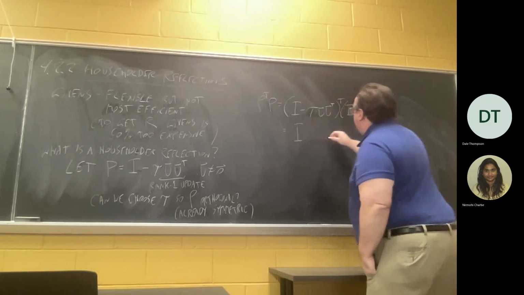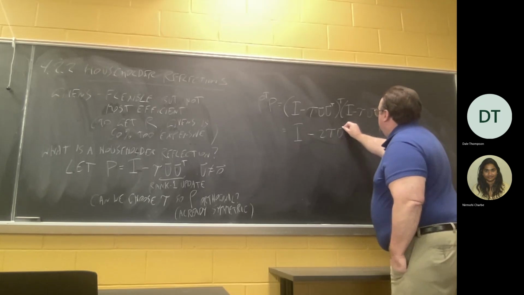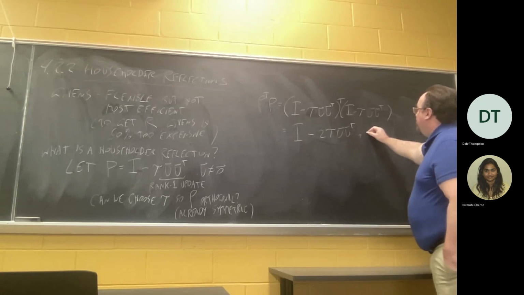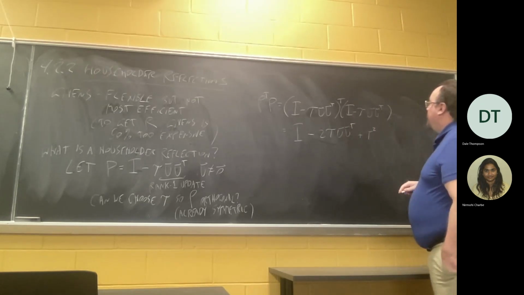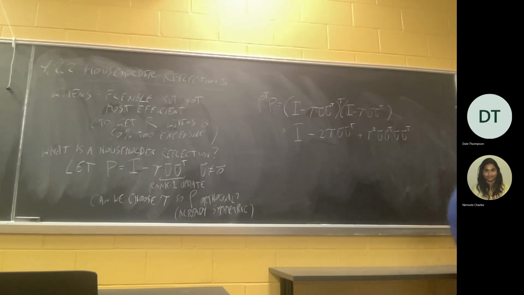So we have identity minus 2 tau UU transpose. And then finally we have plus tau squared UU transpose UU transpose. Now, what's kind of weird about this: when you take two outer products and multiply them together, what's in the middle here, U transpose U, that's an inner product.